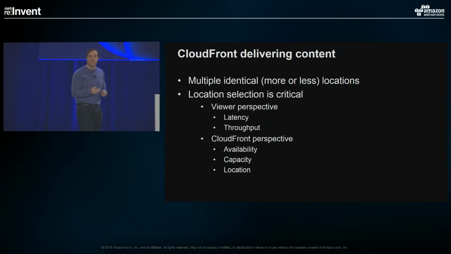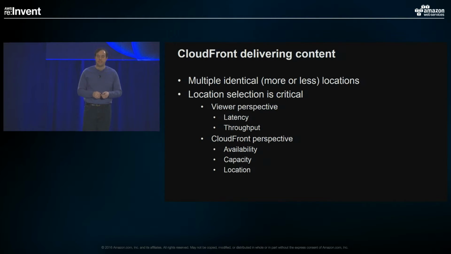But that location selection is critical, because from the viewer perspective, minimizing the latency and maximizing the throughput is imperative, and that's a lot of the work that we do at CloudFront. We have multiple teams dedicated to just figuring out how to consistently get that content delivered by the best POP for each individual viewer. And we'll talk a bit about how we make those decisions and why sometimes it seems like we make a decision you wouldn't think would be intuitively obvious.